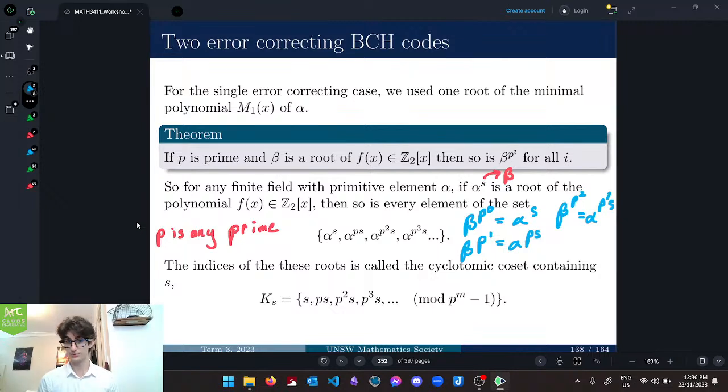The indices of these roots are called the cyclotomic coset containing s. And so we get the cyclotomic coset, K sub s, containing s, is all of these powers, mod p to the m minus 1.